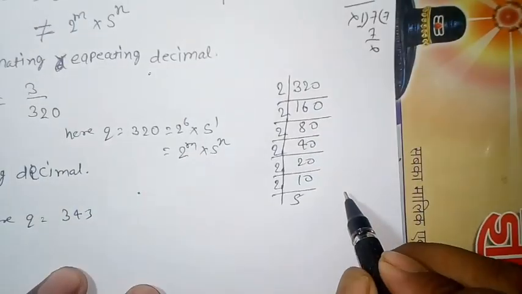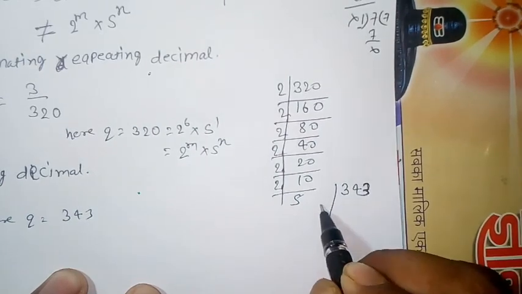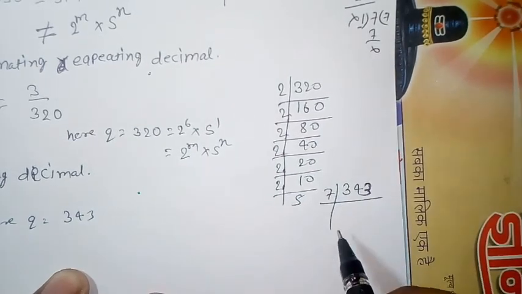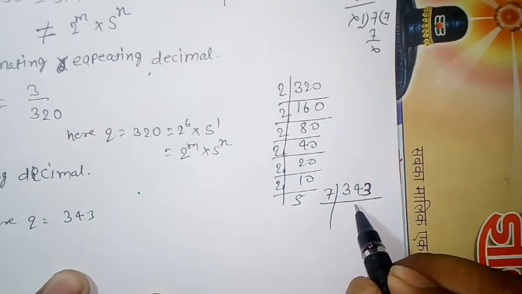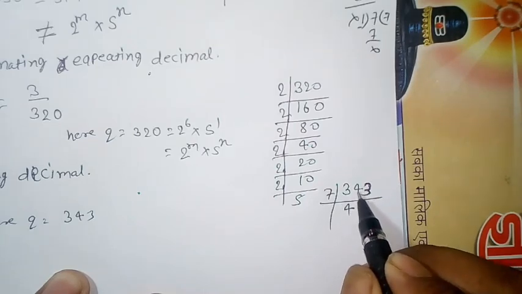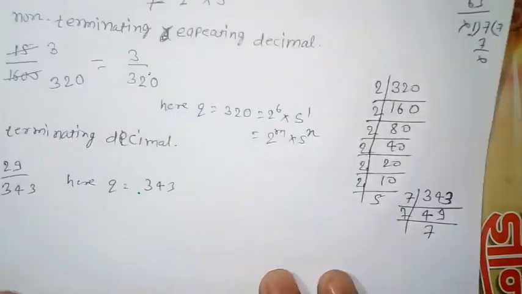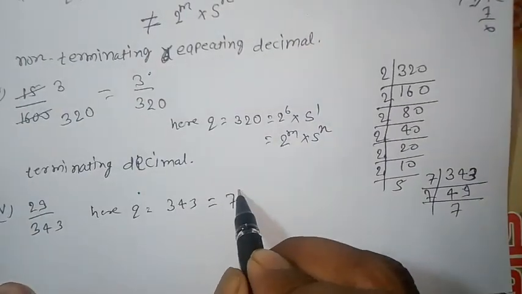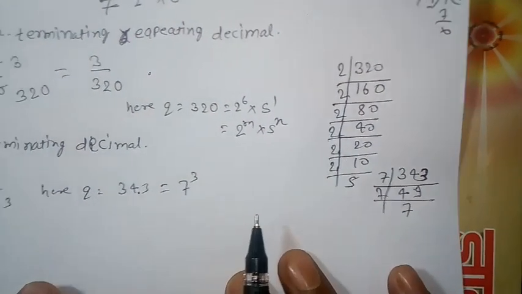Now find prime factorization of 343. 7 7 49, 7 7 is 343, which is equal to 7 to the power 3, because here 7 is 3 times.